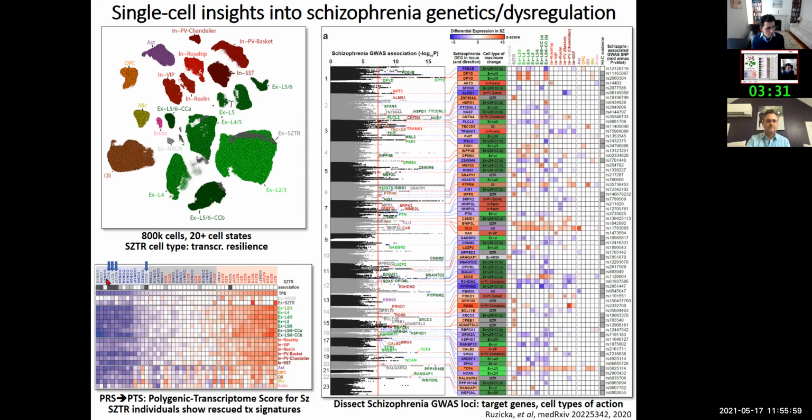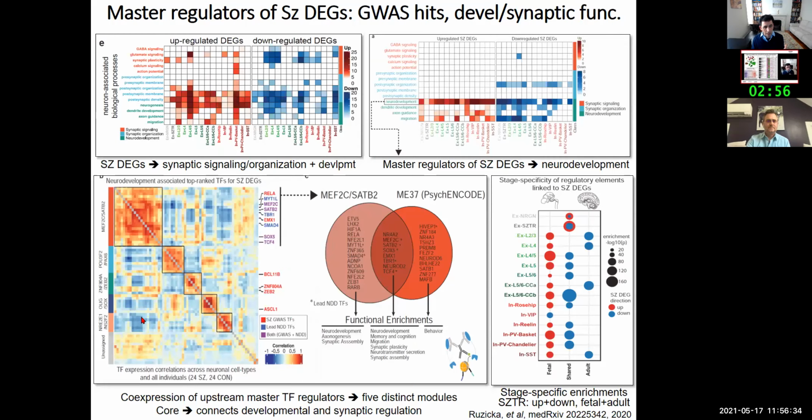At the other end of the spectrum, we have 4 individuals that show transcriptionally normal signatures, but are instead enriched for this specific SZTR cell state, which appears to be there in individuals that are diagnosed with schizophrenia, but are in fact showing otherwise normal signatures. And there's 2 interpretations for this, either an alternate path to schizophrenia based on SZTR, or perhaps a transcriptionally protective state, which leads to resilience for these individuals at the transcriptional level, even though they're diagnosed.